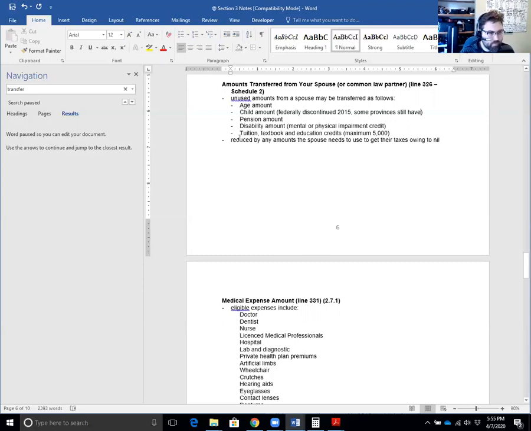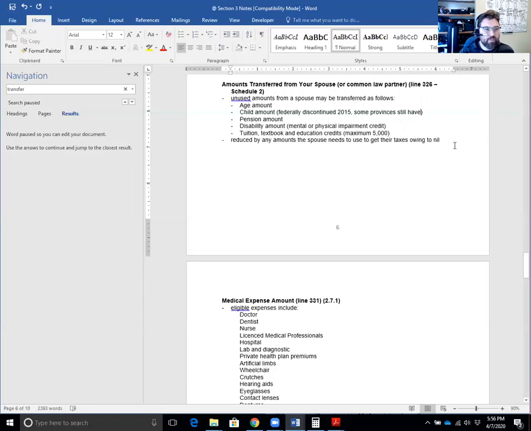Of course, the last note here says what I reiterated before: reduced by any amounts the spouse needs to use to get their taxes owing to nil.